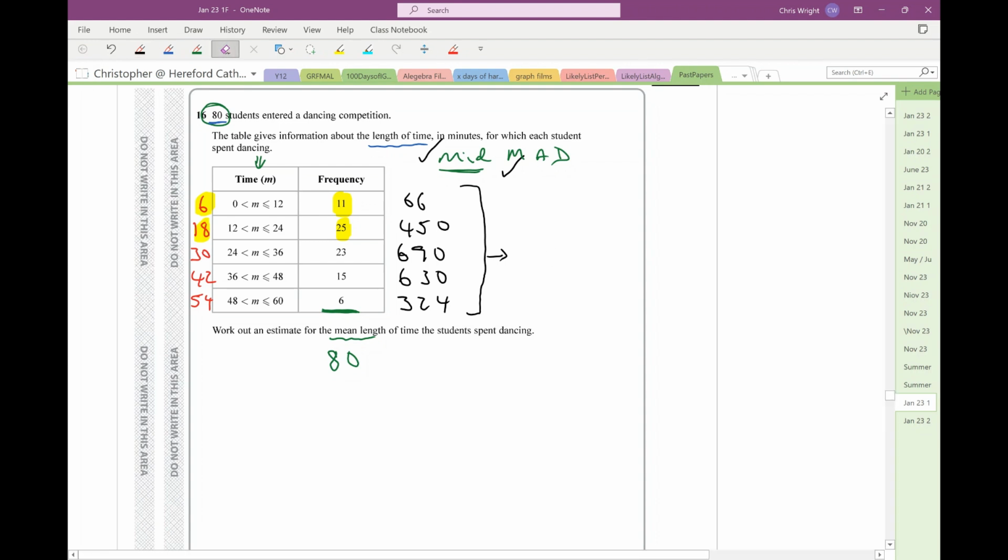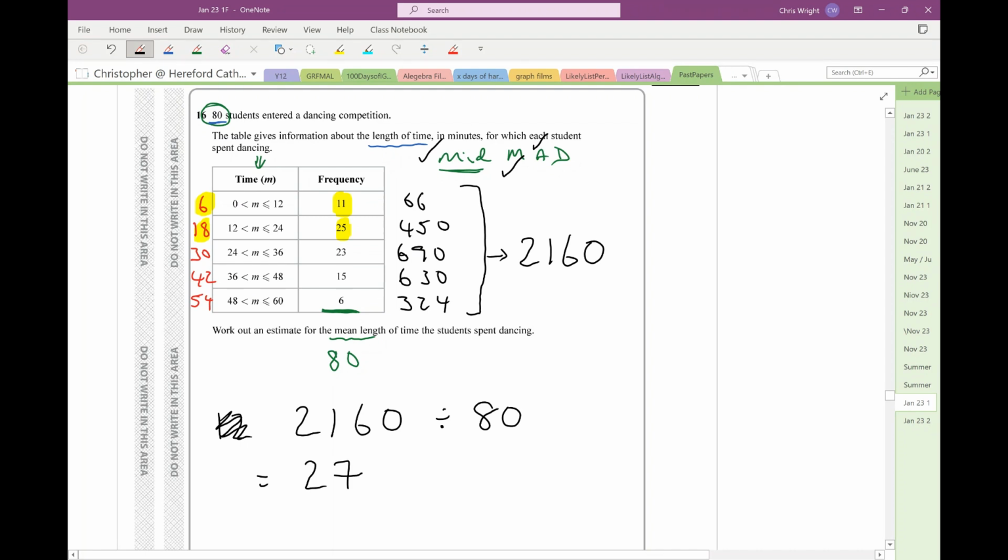That answer on my calculator doesn't look right at all. 66 plus 450 plus 690 plus 630 plus 324 gives me a total of 2160. Midpoint, multiply, add, and now I'm going to divide 2160 by the number of students, divided by 80. Equals, and I get a mean time of 27 minutes.